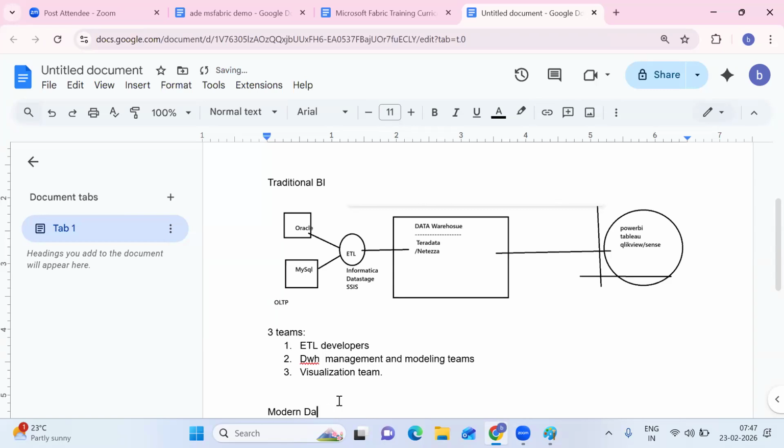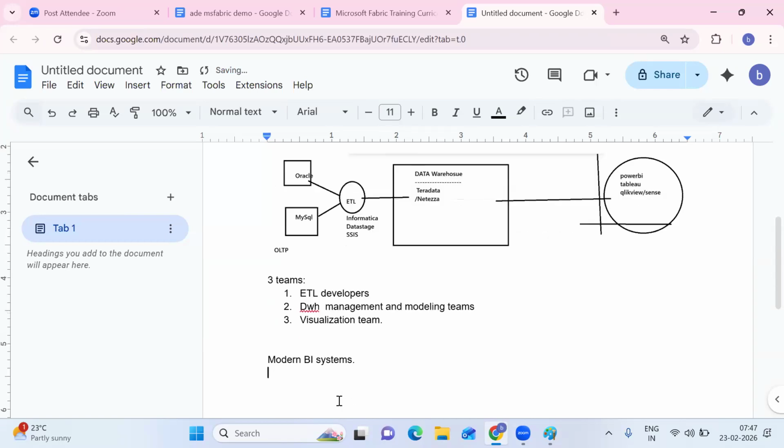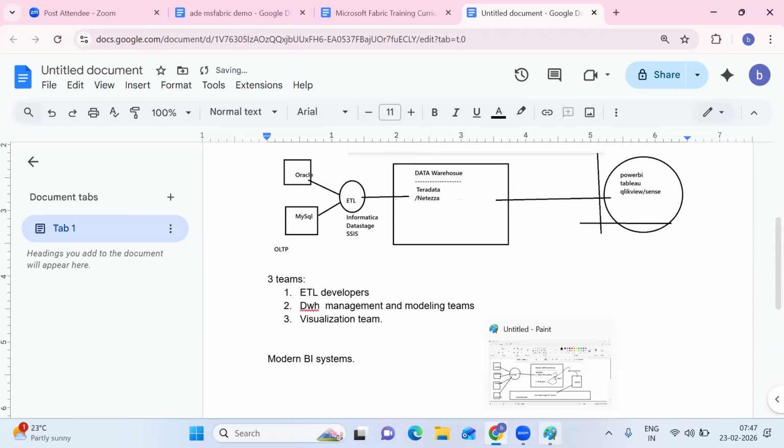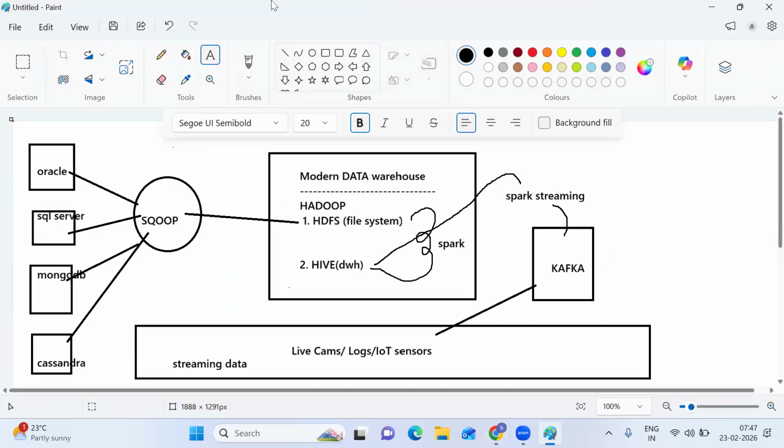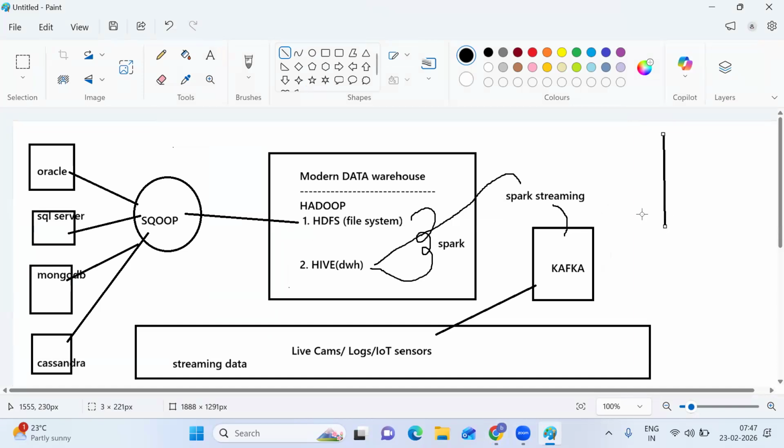These are modern BI systems, simply I'm saying. As usual, in the climax, that means at the end, you have visualization systems like Tableau or Power BI. So these things are directly taking input from these systems.